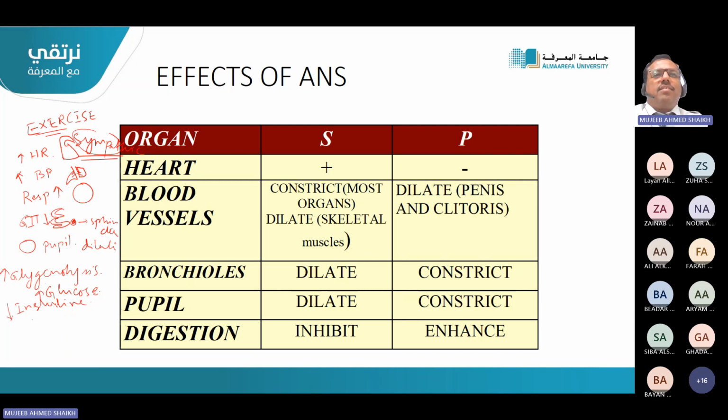We will come to that. In this diagram, the table for sympathetic and parasympathetic, no need. But there is a specific point where we have to remember. If you remember these changes during exercise, the opposite will happen during parasympathetic stimulation.